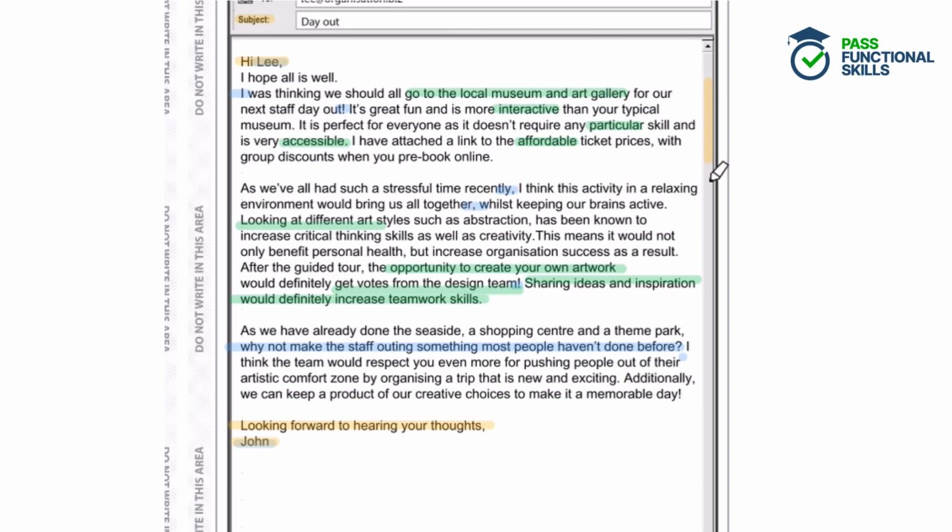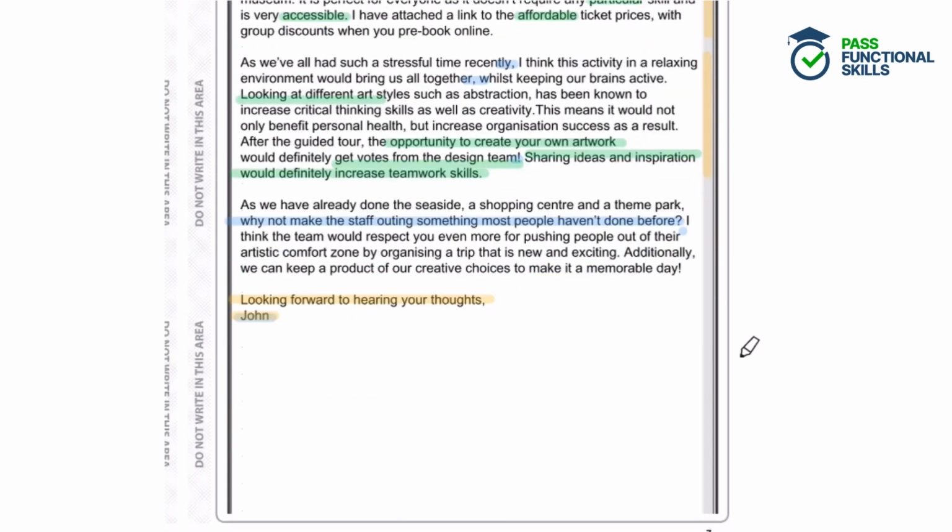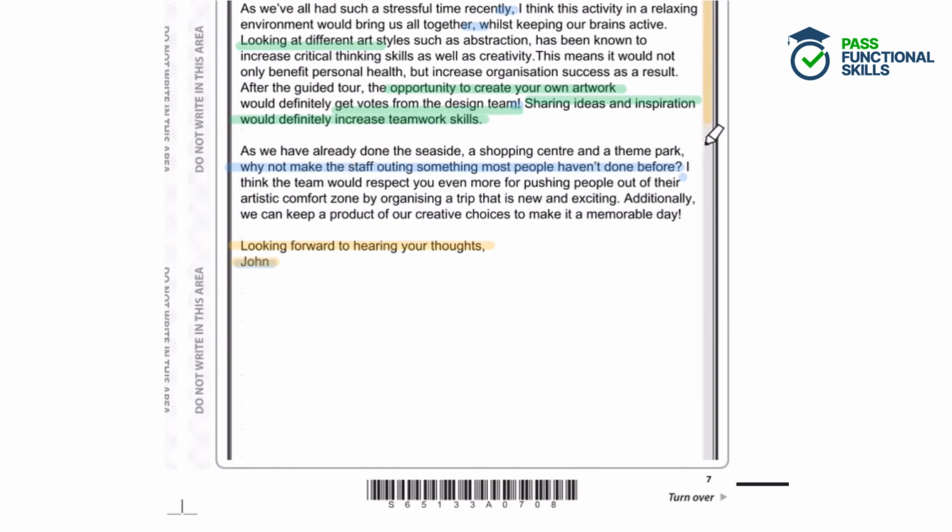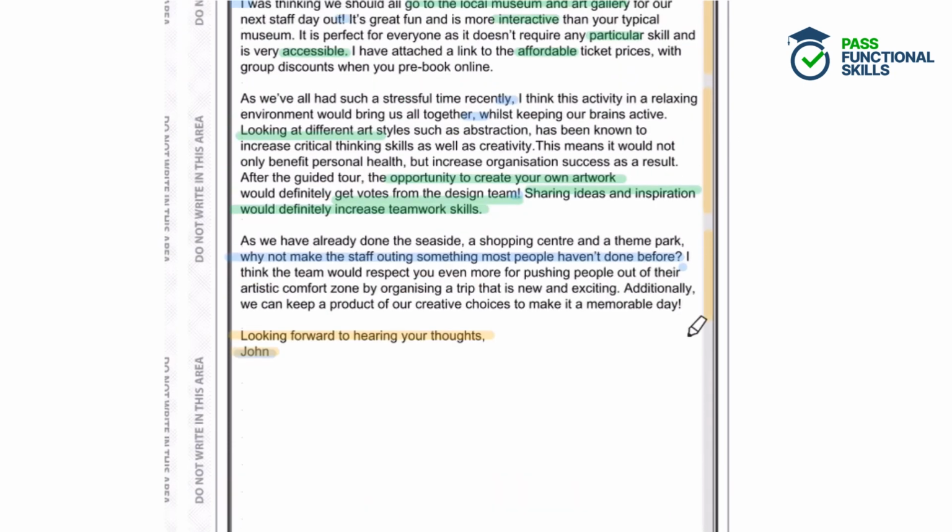Then they move on and explain what they could do there and the skills that they could develop there. And then finally, they are saying what they've done in the past and how this trip is new, exciting, and different.